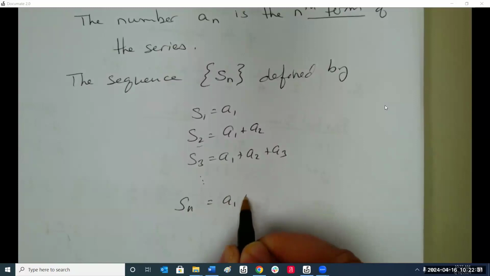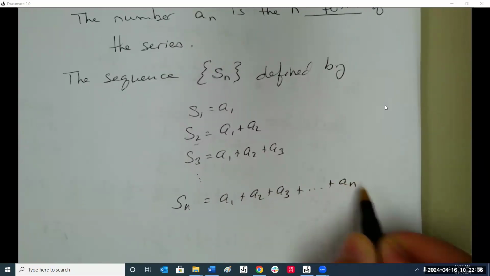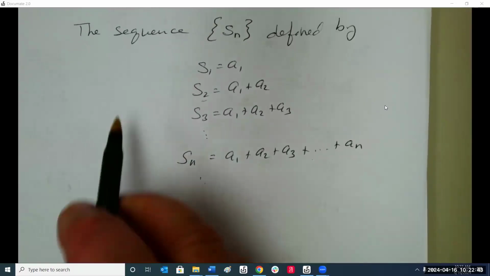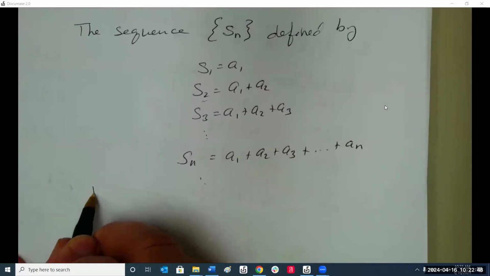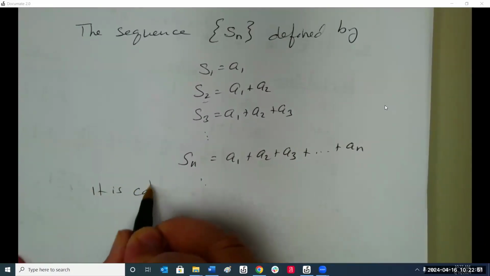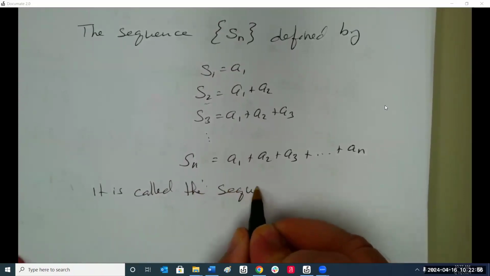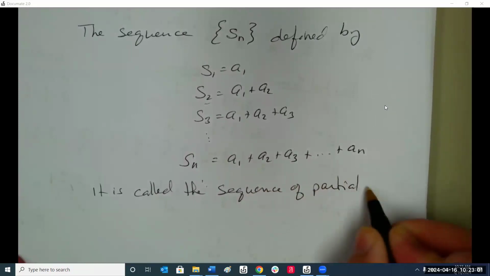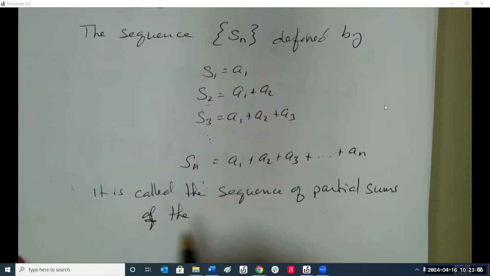Sn equals a sub 1 plus a sub 2 plus a sub 3 plus dot dot dot plus a sub n, and so on and so forth. This sequence is called the sequence of partial sums of the series.